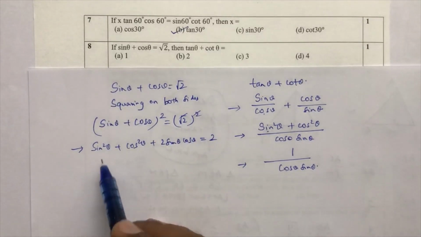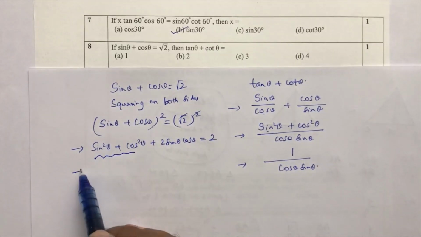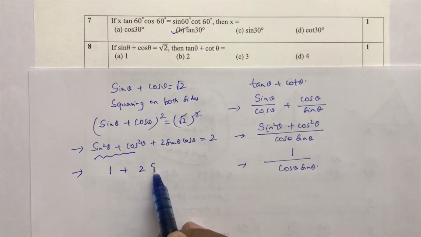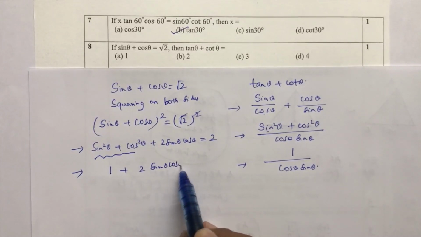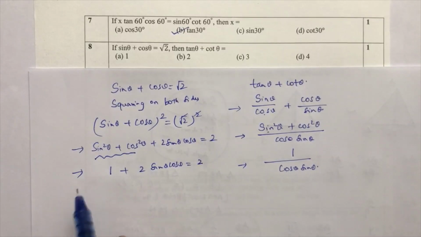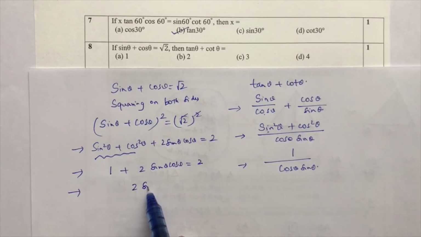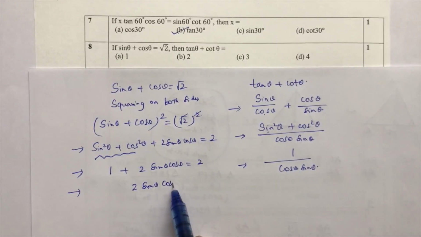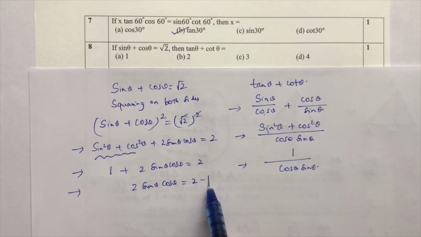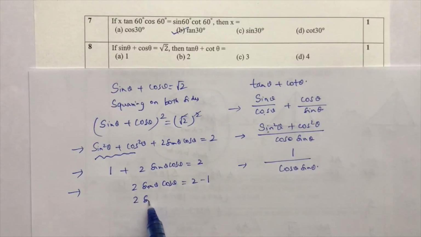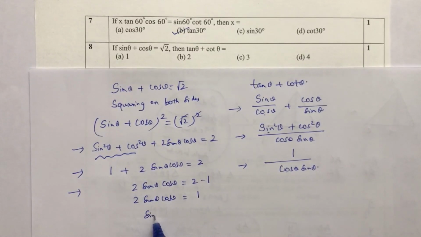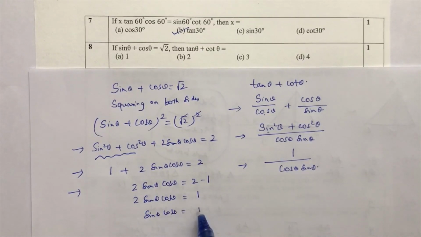Now sin square plus cos square is 1. So 1 plus 2 sin theta cos theta is 2. So 2 sin theta cos theta is 2 minus 1, which is 1.